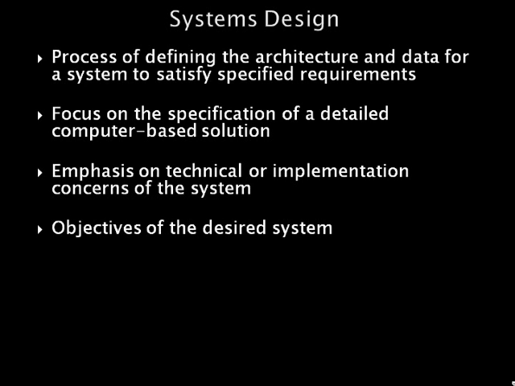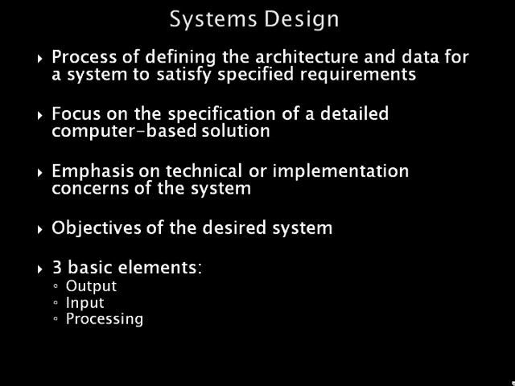During systems design, the analyst focuses on three basic elements: the output that must be provided by the system, the input or source data that the user will provide to the system, and the processing needed to produce the output given the input.